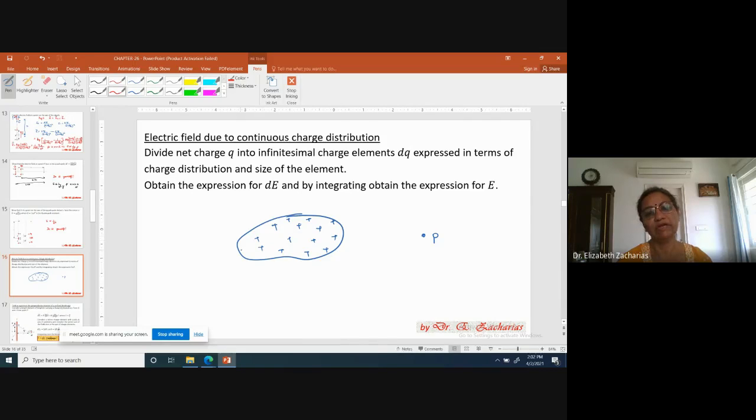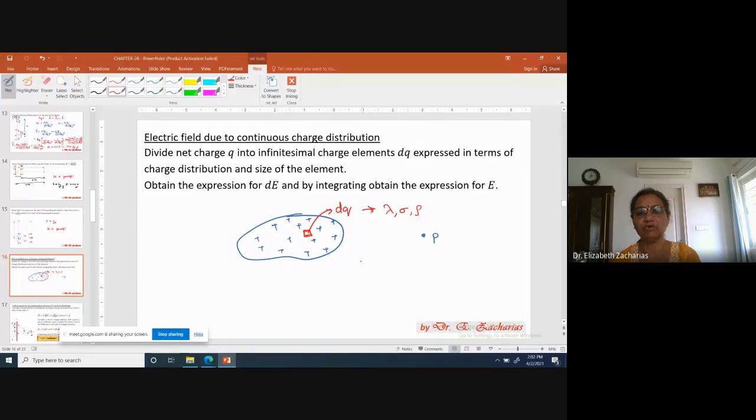I have to divide this entire charge into small charge elements carrying charge dq, which can be written in the form of either lambda, sigma or rho, depending on whether it is a line charge, a surface charge, or a volume charge.